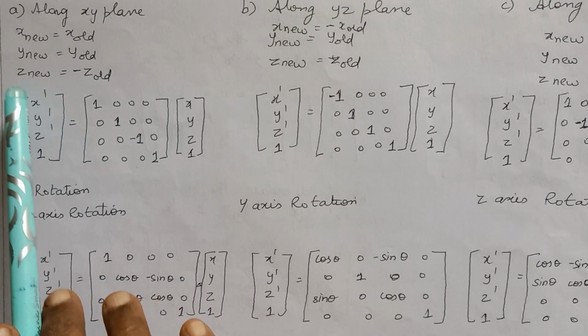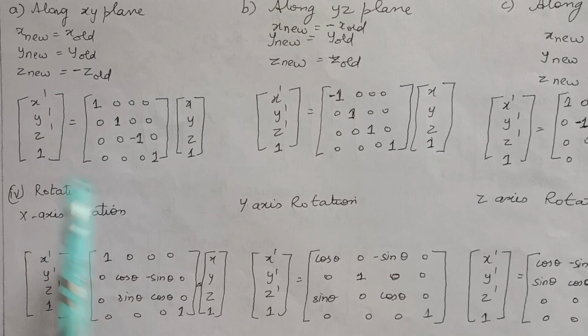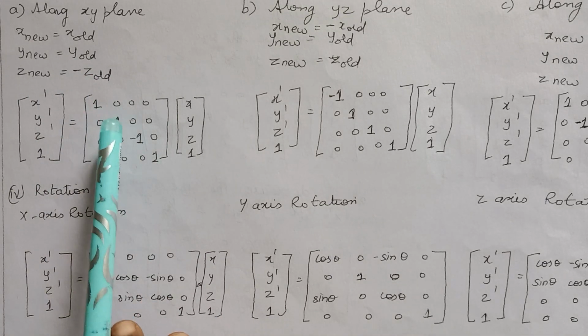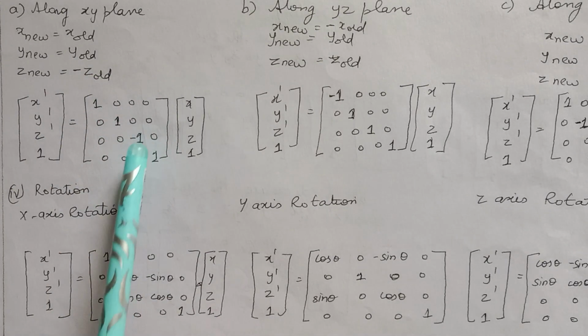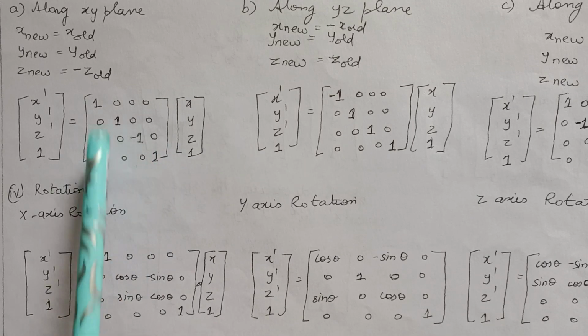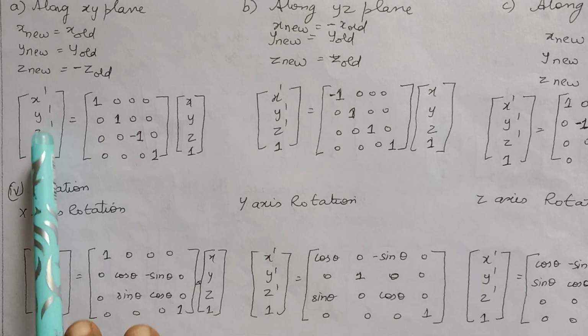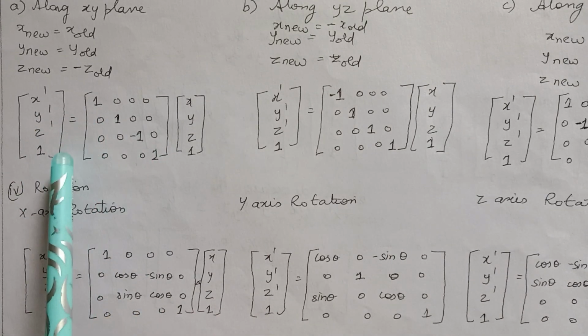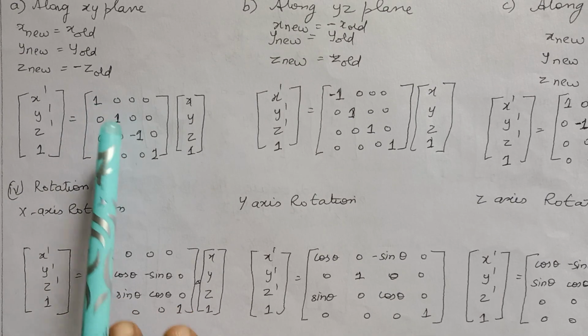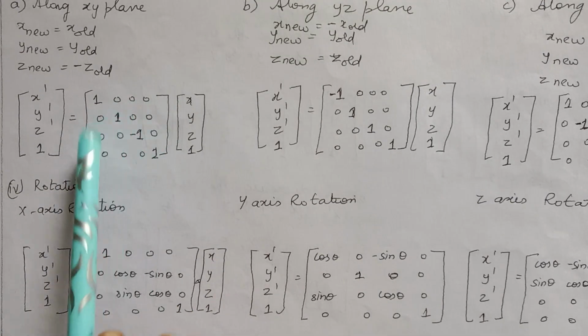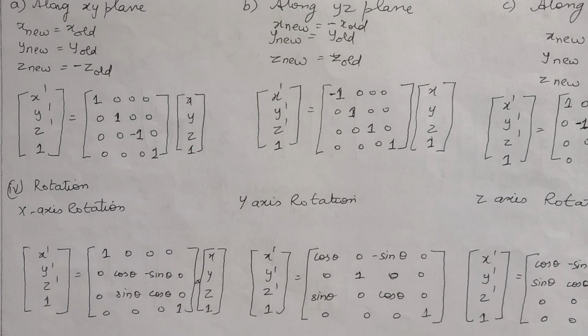So z new will be minus of z old. So here the diagonal is 1, 1, minus 1, 1. The new coordinates x dash, y dash, z dash will be equal to this, other places are zeros, times x, y, z, and 1.